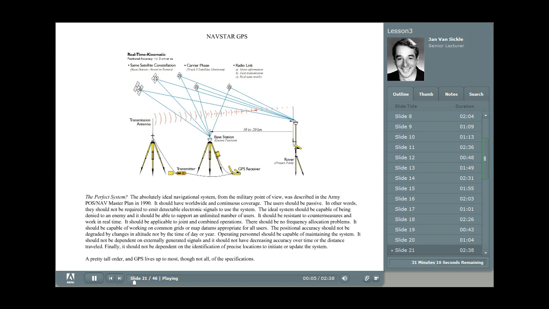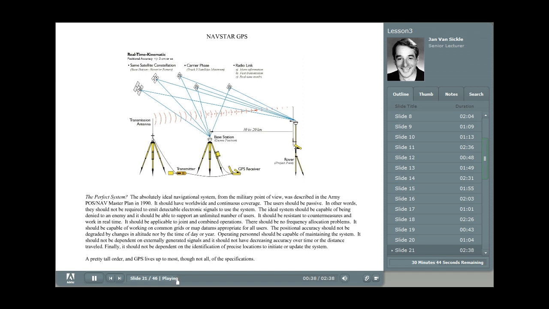The objective, of course, was to build the perfect system, and whether or not that's been achieved, there are several of the specifications that have been met rather well with GPS. It's a passive system. There's no need to broadcast any signals. It can be denied. It can be turned off when the Department of Defense so desires, any portions of it.